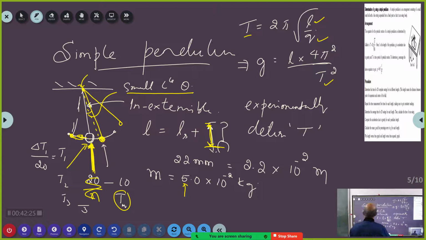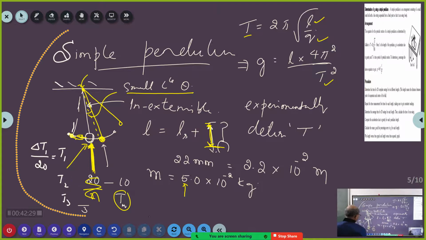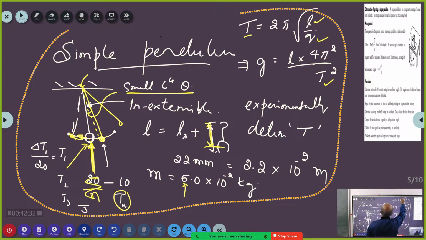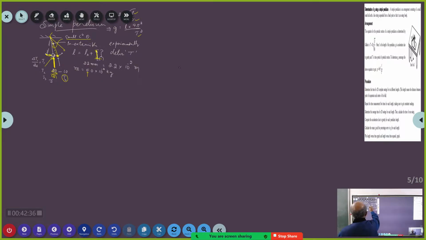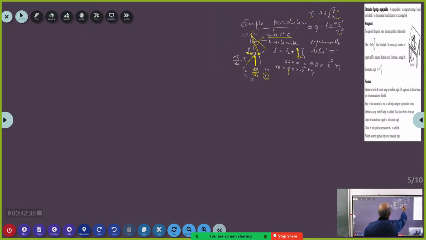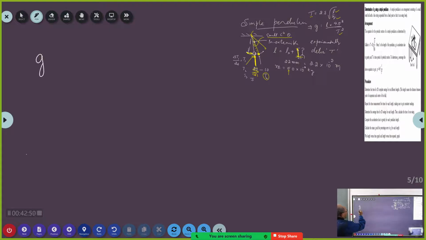See, now let me tell you. Your experiment should be to give g, and you are going to write the value of g as some value plus or minus delta g.